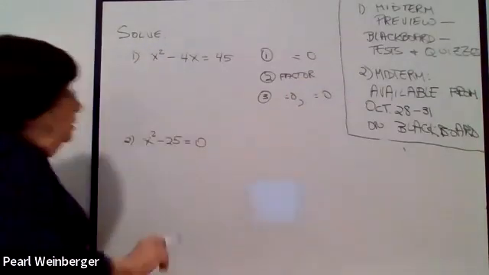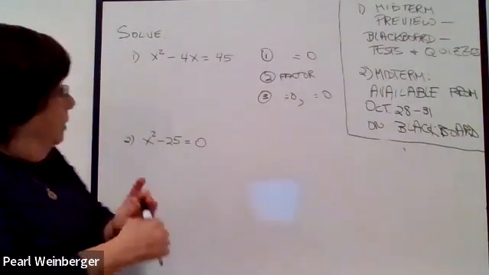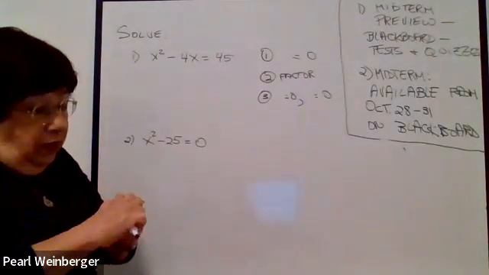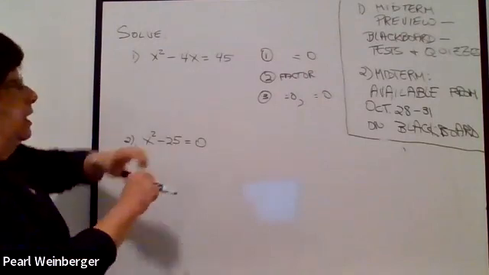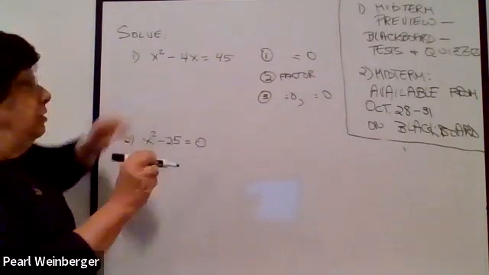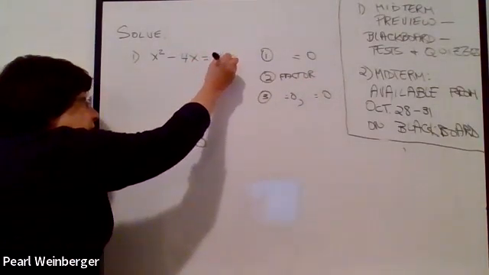Let's demonstrate it with this particular example. We have x squared minus 4x equals 45. The first thing is to get it equal to 0, which means I've got to get the 45 to the other side of the equation. I'm going to minus 45.